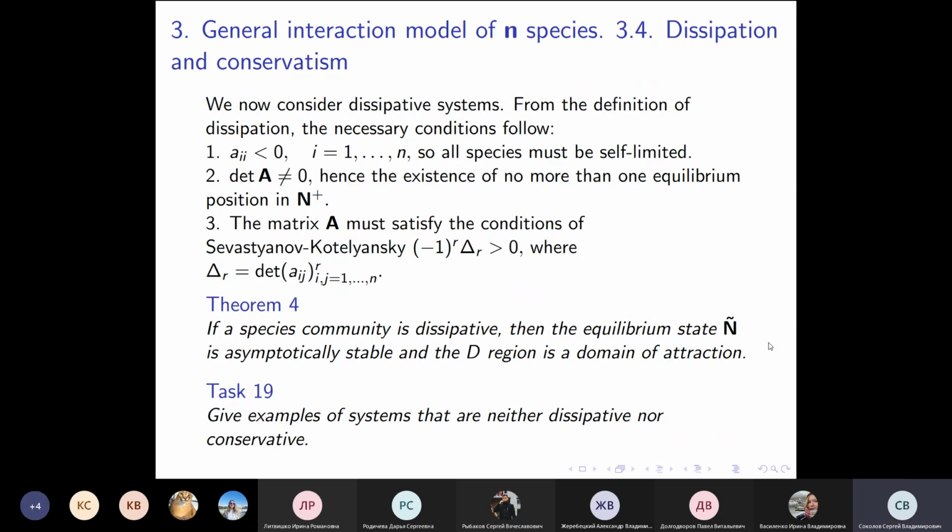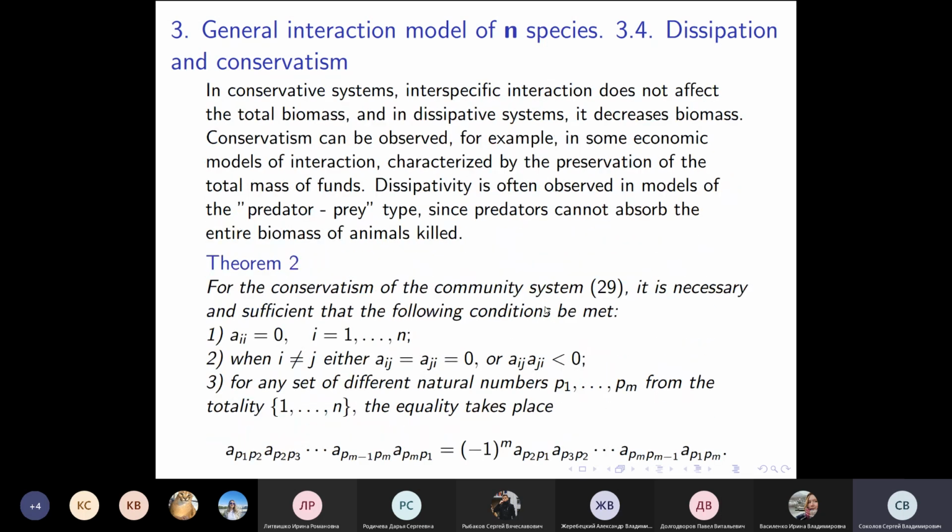So that's all about dissipation and conservatism. We can check a matrix for dissipation and for conservatism. There are some quite simple necessary conditions for dissipation, and a simple necessary and sufficient condition for conservatism.